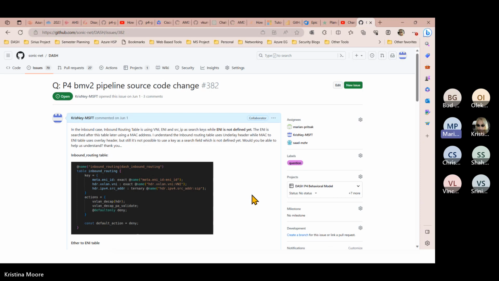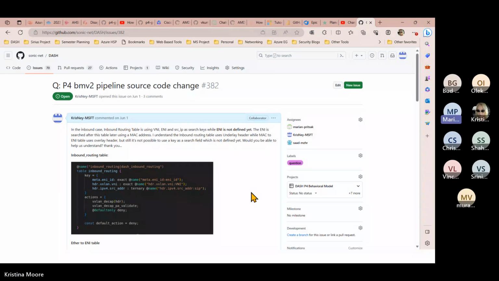The problem is that this inbound routing table performs the lookup before decap, still on the underlay part of the packet as well. The way the other tables were ordered is that ENI lookup happened after it. So you go to the inbound routing and there is no ENI set yet, so you match on nothing. It would always be a miss.